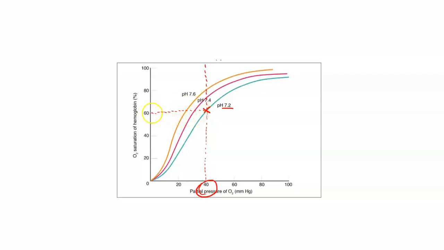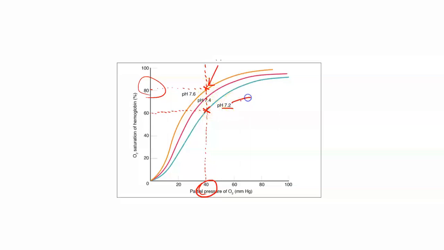Oxygen has jumped off readily. Whereas at a pH of 7.6, just a little higher, now you have 80% of the chairs occupied. So there's more oxygen bound to hemoglobin when the pH is greater, and less oxygen bound to the hemoglobin when the pH is less.